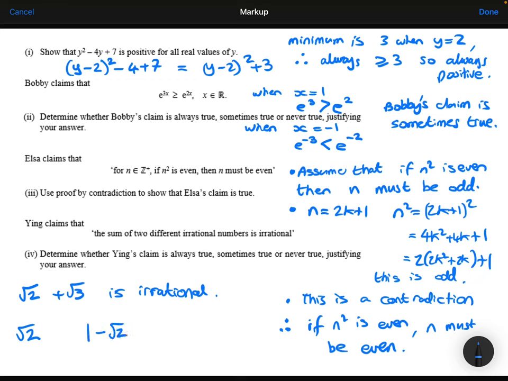This is an irrational number here. And crucially, when I add those together, I just get 1. And that's rational. So Ying's claim is sometimes true.